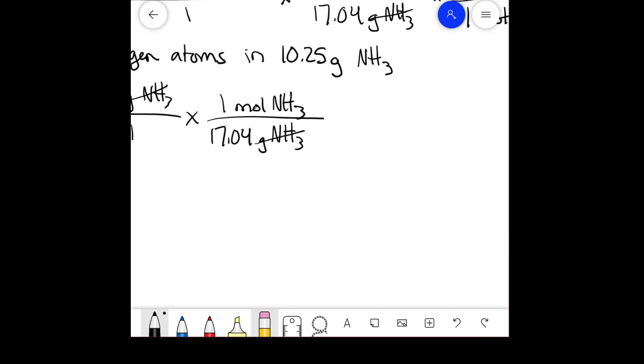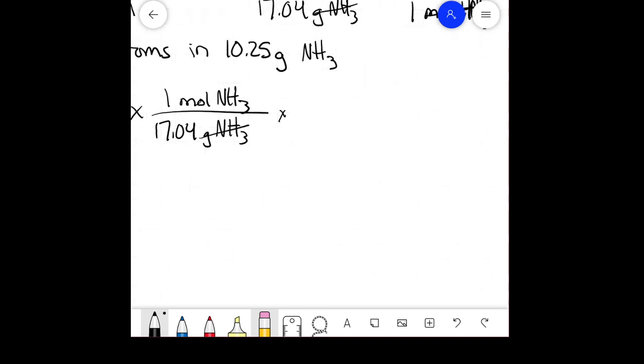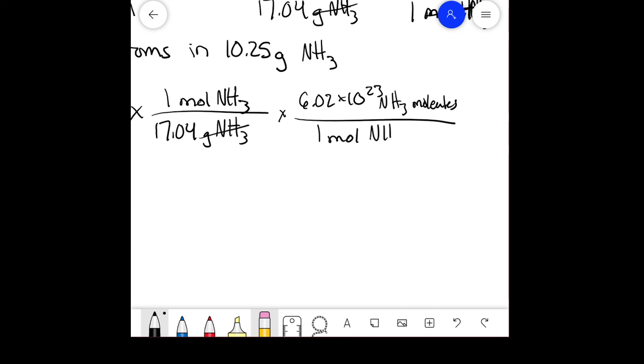Now we want hydrogen atoms, but we can't go straight to atoms because we're not just dealing with hydrogen by itself. It's in a compound. It's a molecule. So we're going to convert these moles we now have into molecules. So Avogadro's number up top, over our 1 mole.